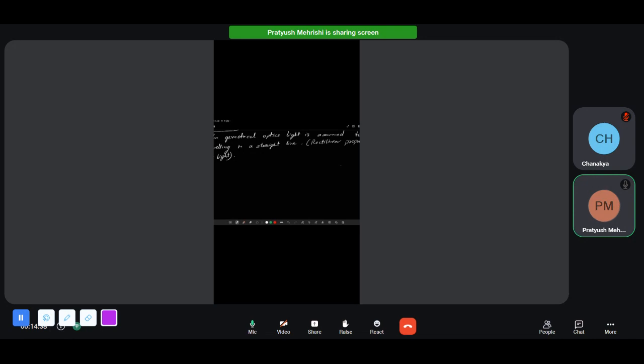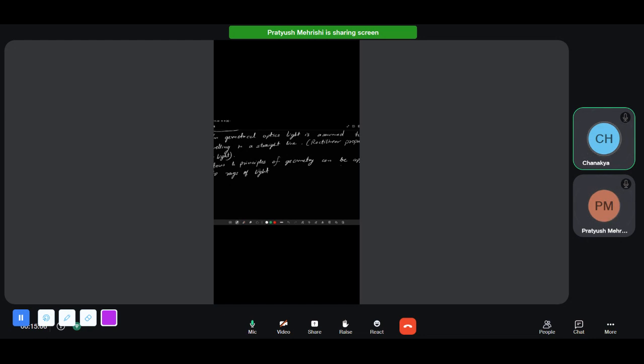Now, using this geometrical optics, laws and principles of geometry can be applied to rays of light.